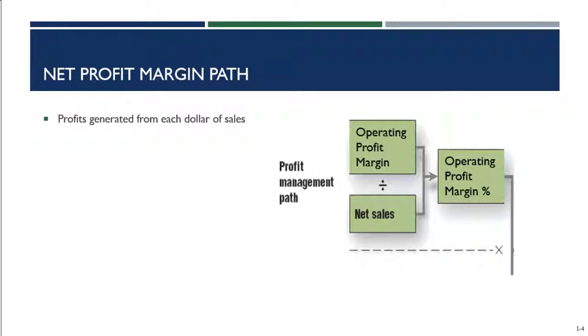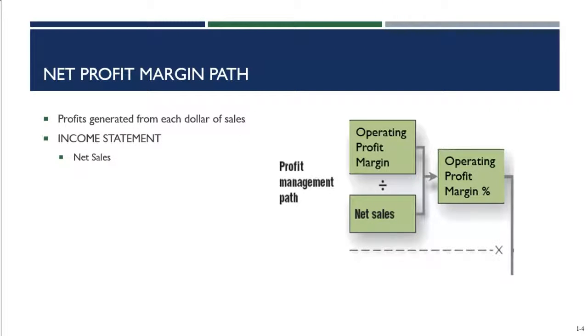The first component that we have to have is net sales. Net sales are the total revenues received by a retailer that are related to selling merchandise. So net sales is not the same thing as net revenue or total revenue.